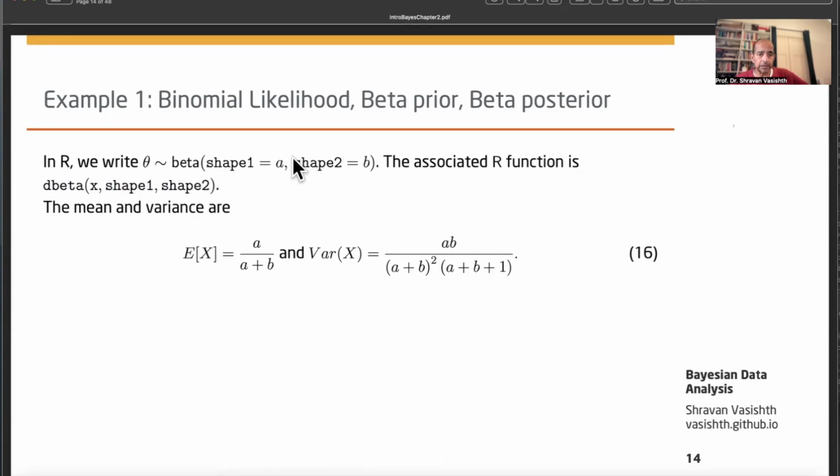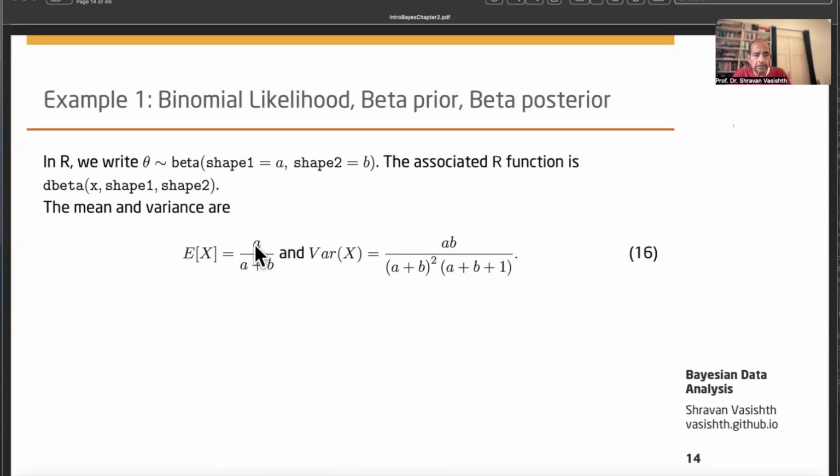And given A and B, once we've decided on those, we can figure out the expectation and the variance of the beta distribution, right? So these are the equations for the expectation and variance. And this makes sense, right? Because like I said earlier, A represents the number of successes, B the number of failures.